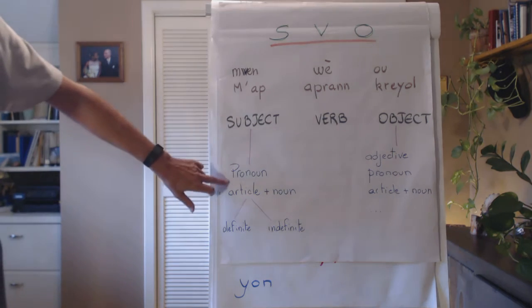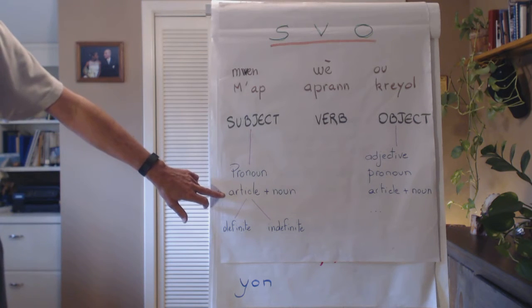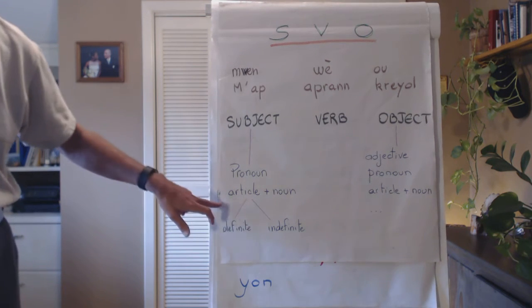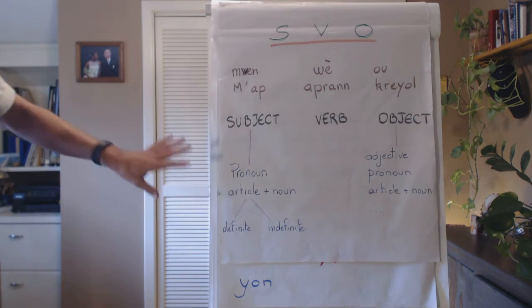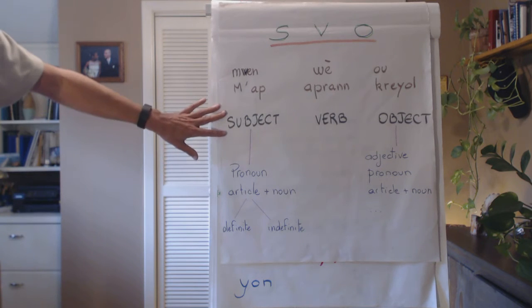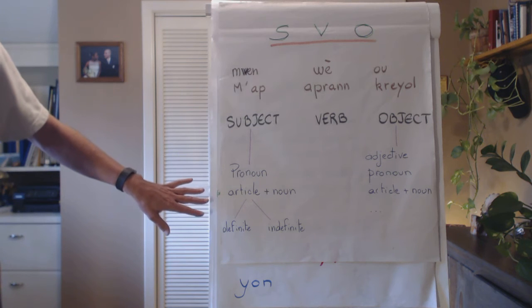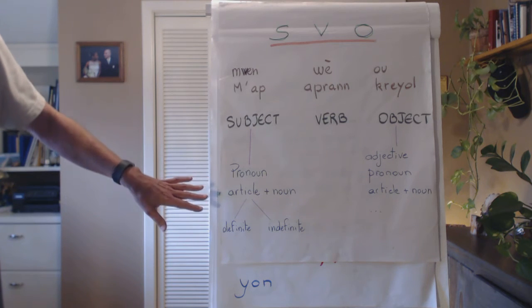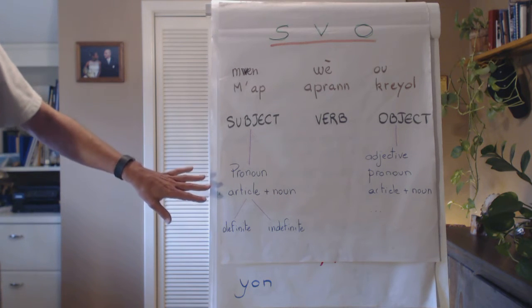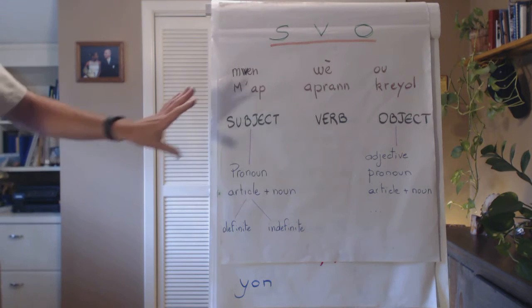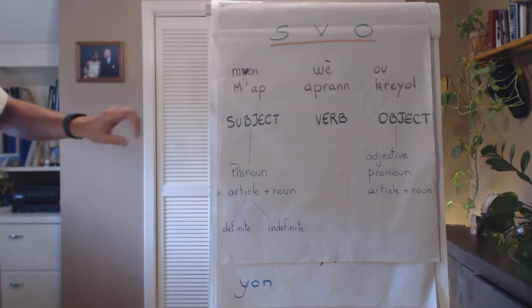So when we look at the article, we said the car or a car. So we have definite and indefinite articles. So basically, most of the time, the subject will be a pronoun or a noun with an article. Of course, we can make it much more complicated. We can add an adjective, a nice car, and that will be part of the subject.